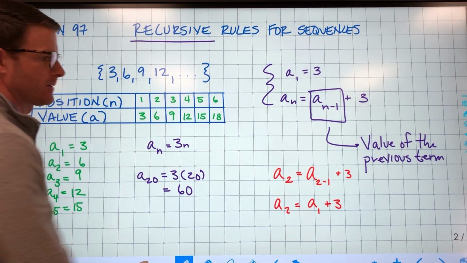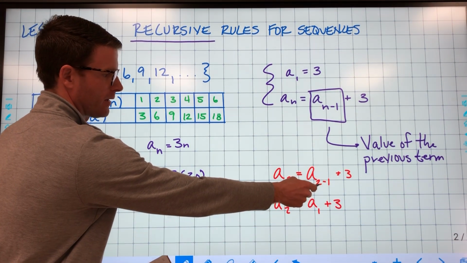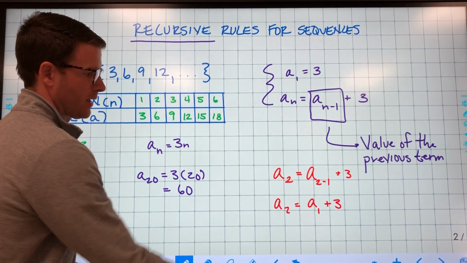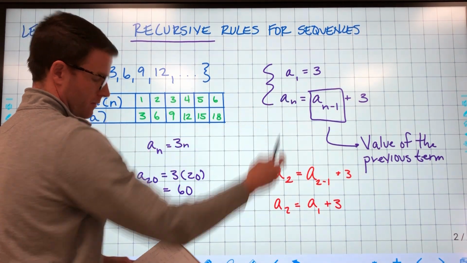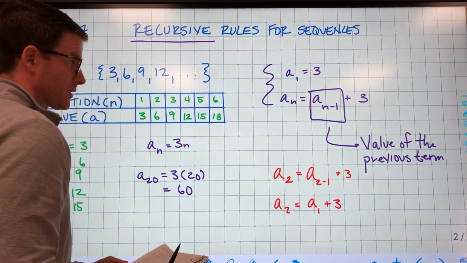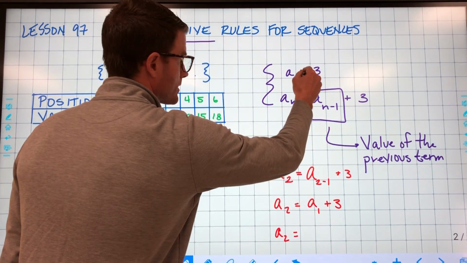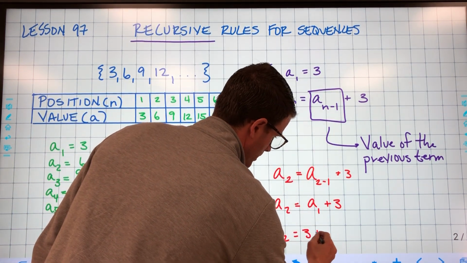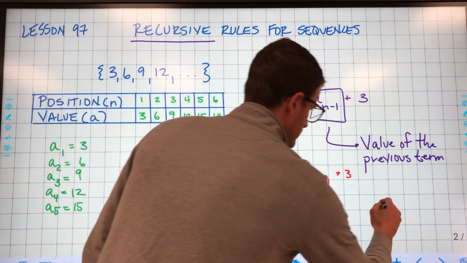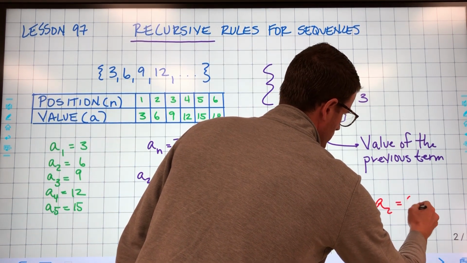All I did in this step was simplify that portion. And we know we're given a sub 1, so a sub 1 is 3. So a sub 2 equals 3 plus 3. So a sub 2 equals 6.